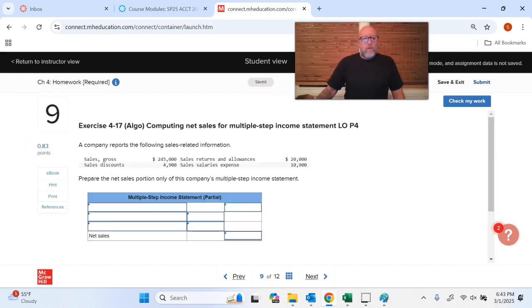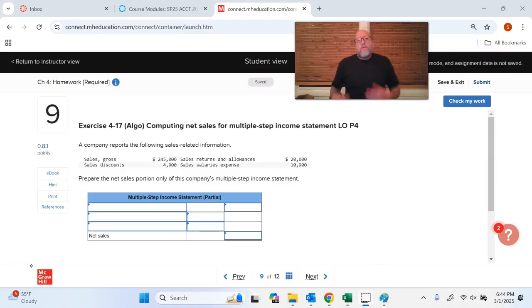Okay, so, all right, question 9. Question 9 is now moving to creating the financial statements for a merchandise company. And this specific question is just asking us to compute net sales using the multi-step income statement.